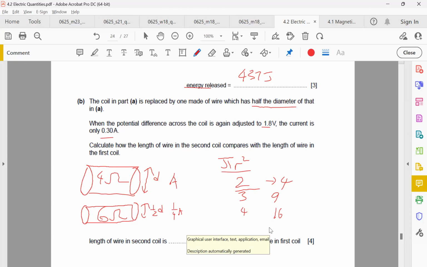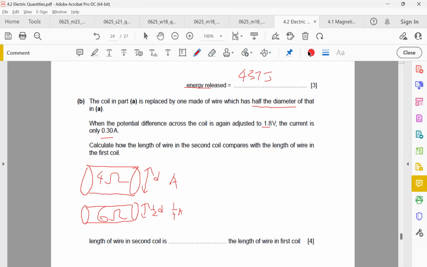Okay, but anyways, from here, I want to ask you one thing only, guys. The next question is, if I know that when you halve the diameter, the area actually becomes 1/4, then what will happen when I have 1/4 of the area? By right, the 4 ohms will become how much? If it's 1/4 the area, it'll become 16 ohms, right?